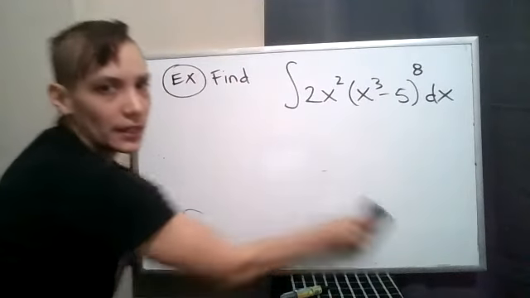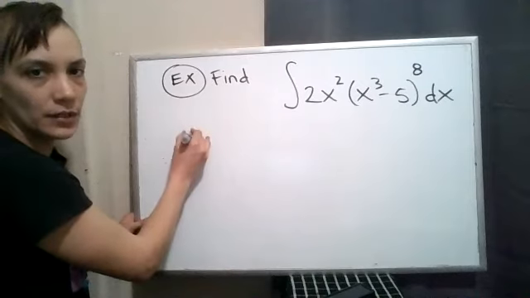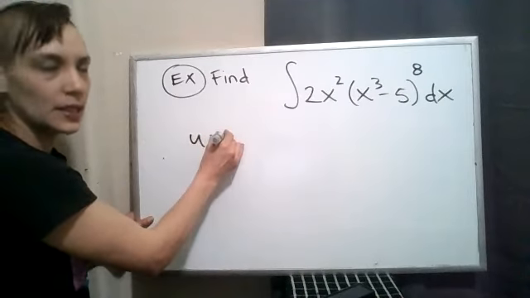Okay, so you might try u equal to 2x squared, but I'm just going to go straight to letting u be x cubed minus 5.